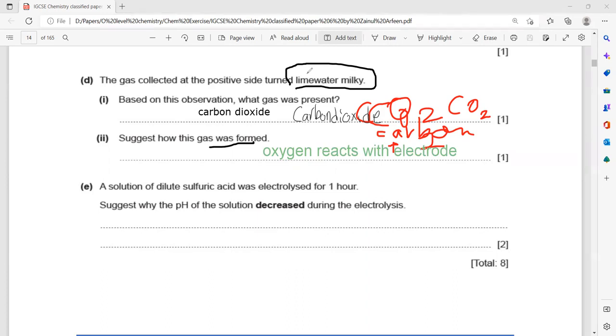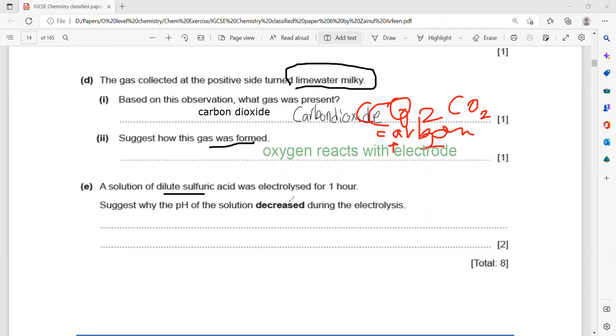Axes you can mark later once you are sure that nothing else will change. Then you can label the axes with pen. So suggest how this gas is formed. The oxygen reacts with the electrode, like we have inert electrodes. So carbon plus oxygen gives off carbon dioxide.